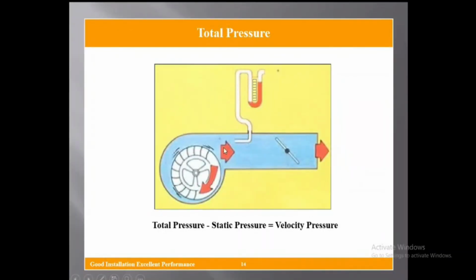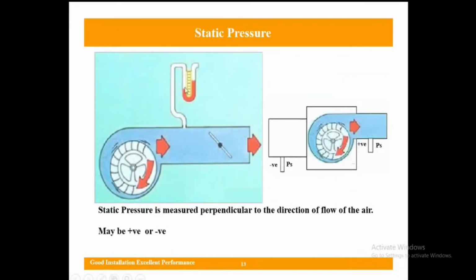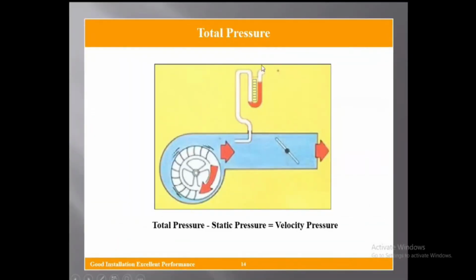Now total pressure. The device you use here is called a U-tube manometer. Generally you can call it a manometer. You are measuring it perpendicular, so that you will get static pressure. Now see here, you are measuring it parallel along with the flow. The flow is like this, your measurement is also in the same direction. This is total pressure.